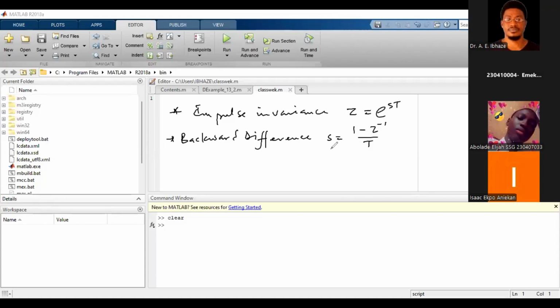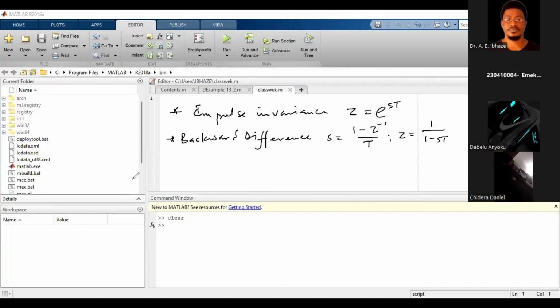Or alternatively, we can move from the Z, which is the discrete time domain, to the continuous time domain. This is 1 over 1 minus S, okay? Then I think we have a third one, which is the bilinear transformation. Here, we can move from the S domain.